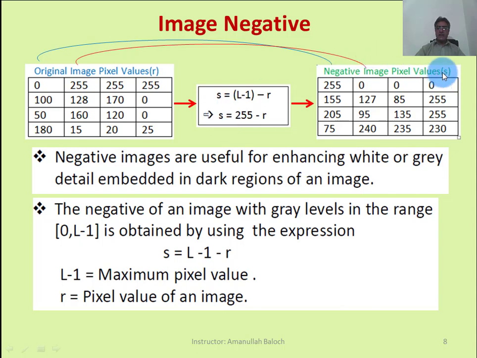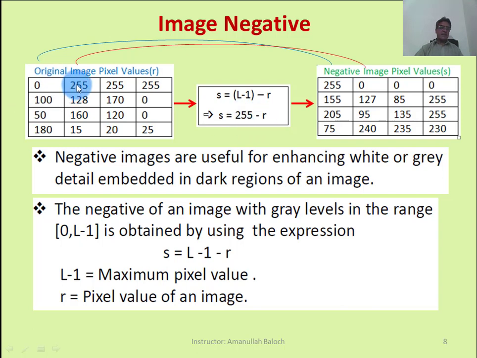So the first pixel value of the original image is 0 and the first pixel value of the negative image is 255, because this transformation takes input pixel values and transforms them into output pixel values, that is S, by using this expression.